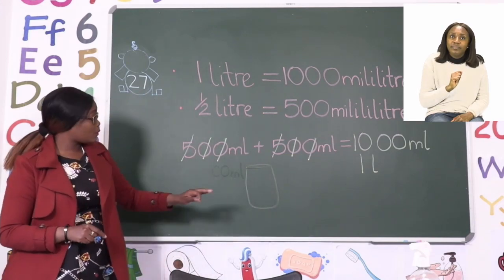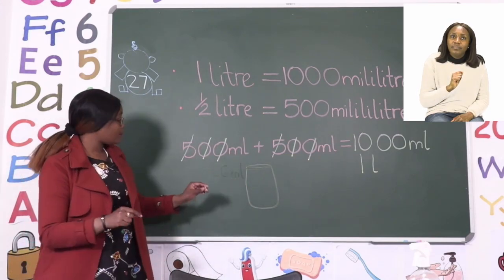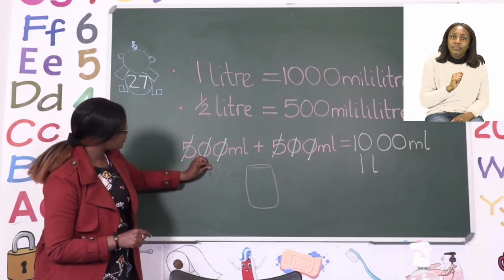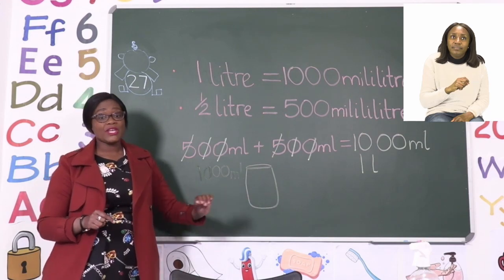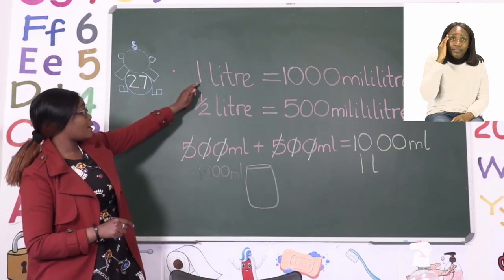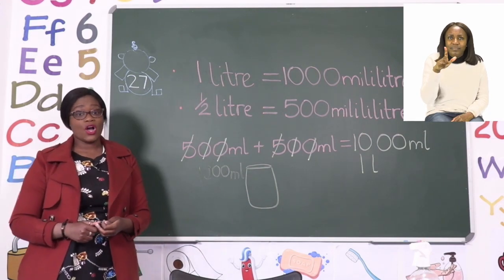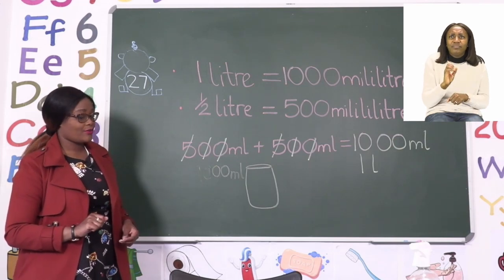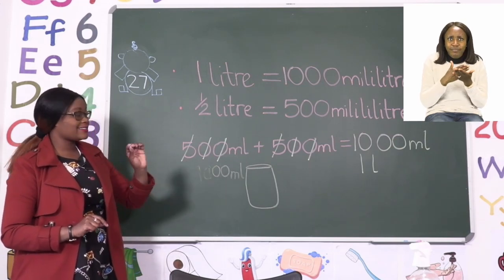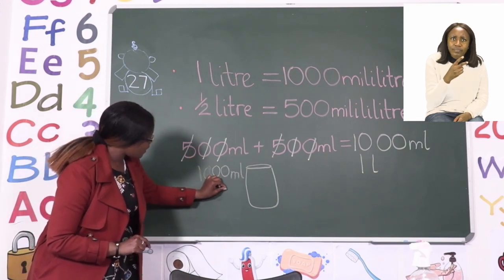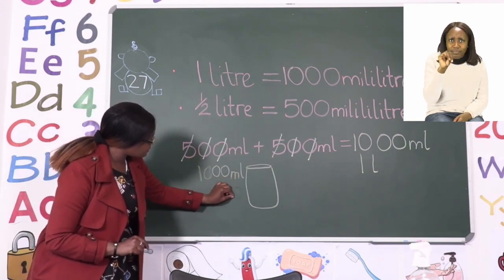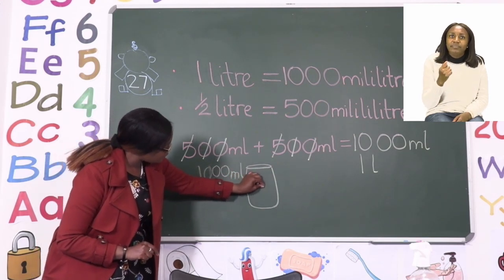So right at the top, we know that if we fill up our jar, I missed a 0, there we go. If we fill up our jar, we know that it is equal to 1 liter, but we don't need to fill up our jar, we just need half. So if you look on the side of the jar, they show you where the 500 mark is, and it is halfway of the jar.